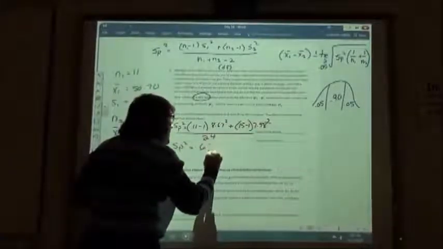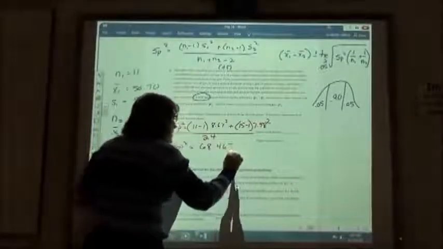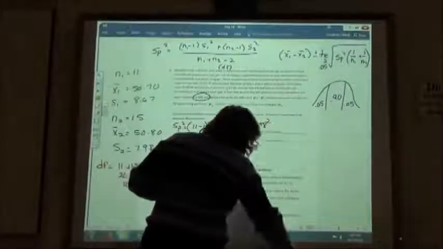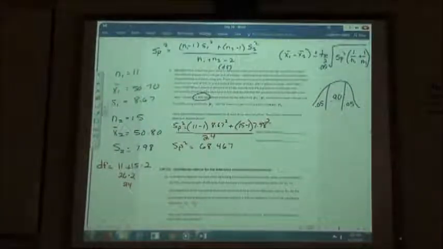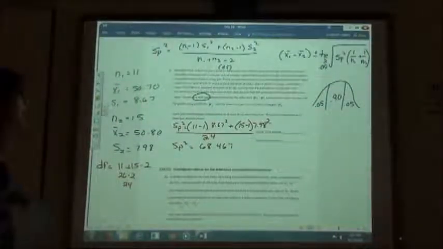Yep, 68.467. So now we're going to use the second part of our formula over there to find the confidence interval, the lower limit and the upper limit.